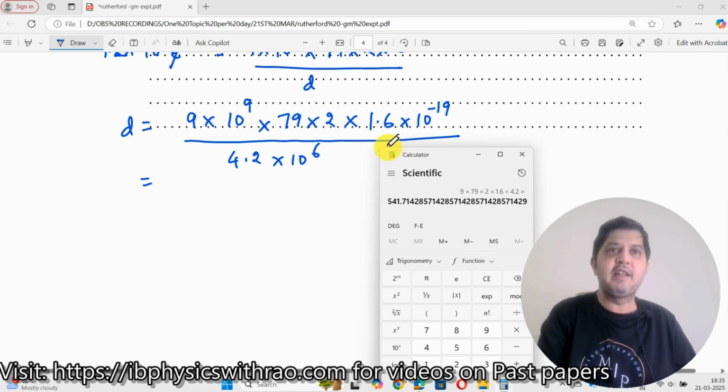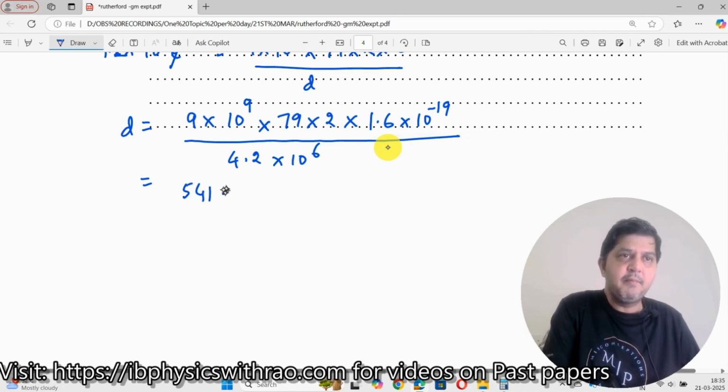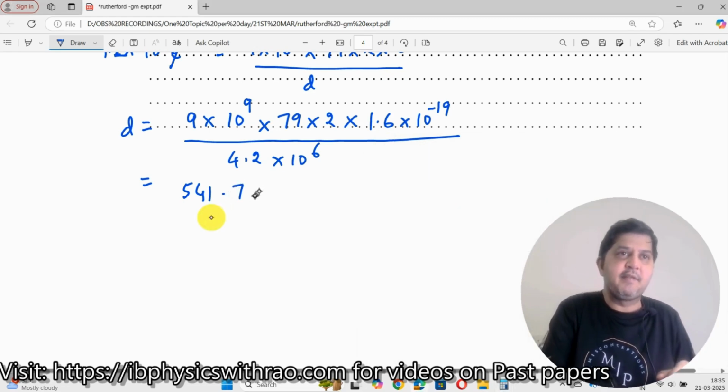I have taken only the numbers, then I will multiply this. I'll take the power of 10 later on. I get this answer as 541.71. I'll take it as 7 multiplied by 10 to the power of 9 here. This is 6 over here. This becomes 3. So I'll write it as 9 minus 19 minus 6.